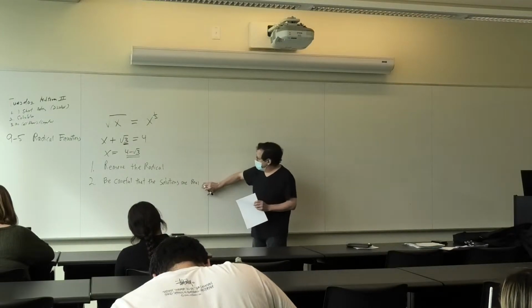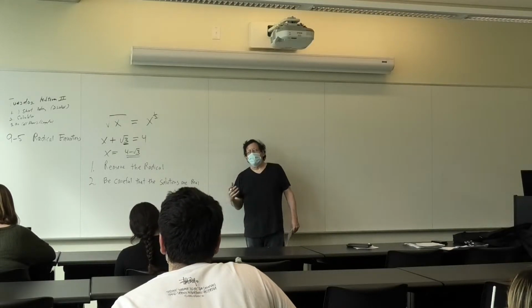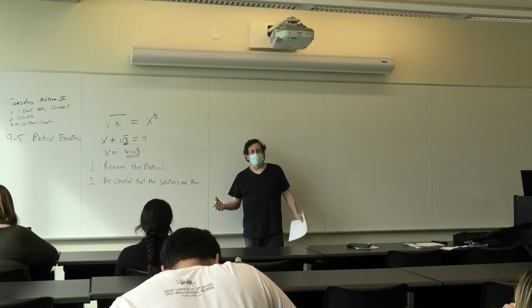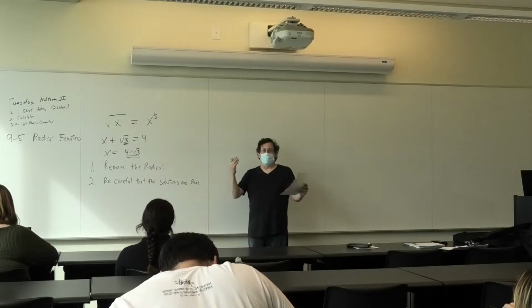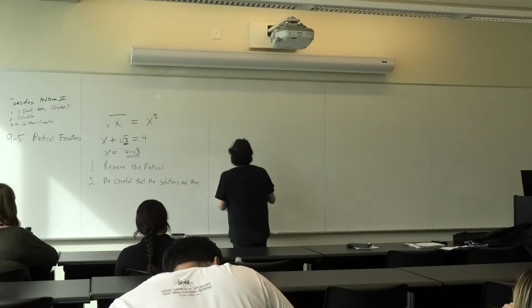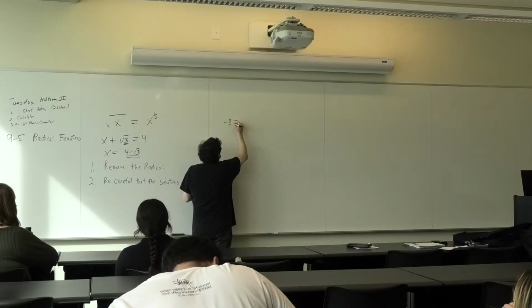But just to introduce what I mean by this, let me show you something that's kind of like reverse magic. It's not really magical, it's unmagical. I say negative 8 equals 8.